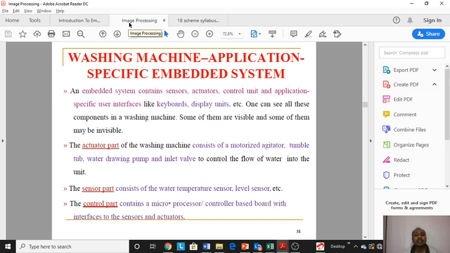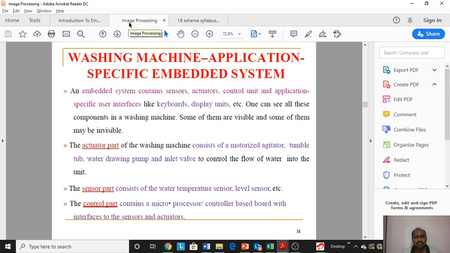These are the activities performed in the washing machine: I want to run the motor, run the tumble tub, and draw water from the inlet valve. All these activities are performed based on whatever I set in the washing machine.